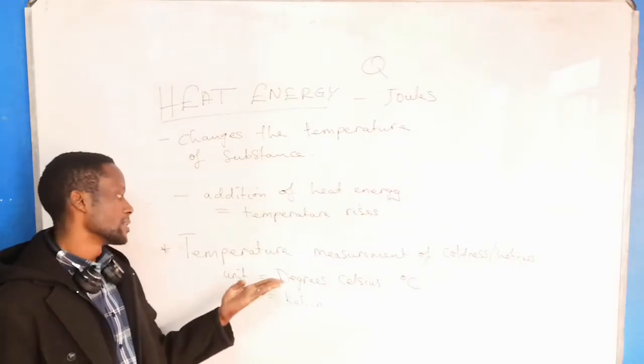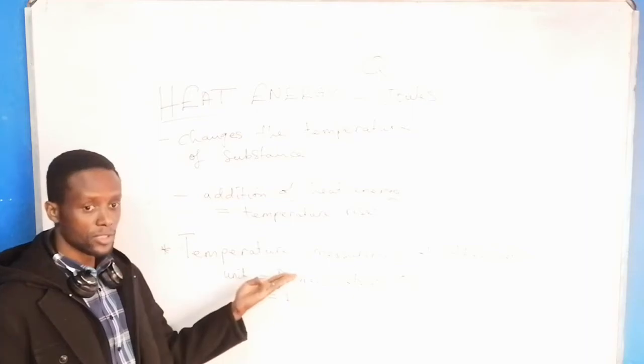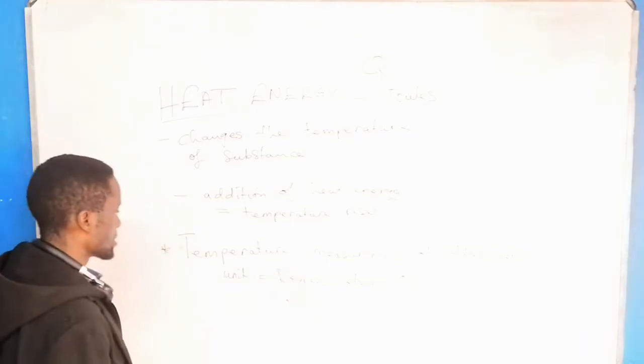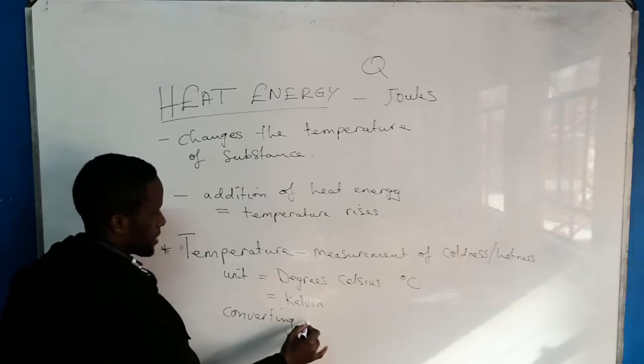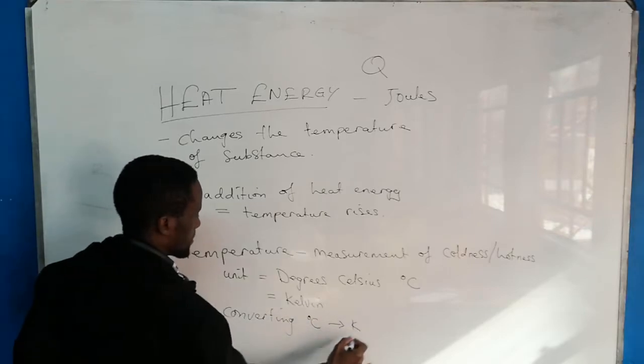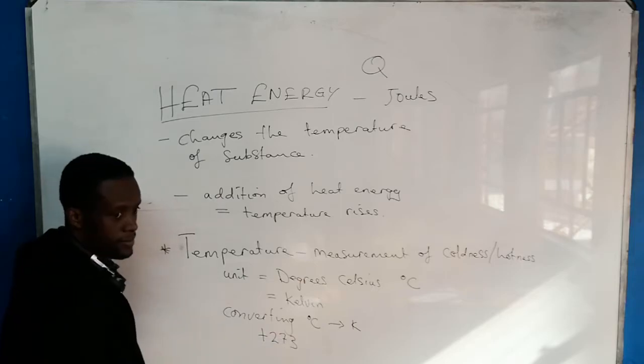Okay, for now, just know how to convert from degrees Celsius to Kelvin, and from Kelvin to degrees Celsius, and that one is easy. Converting degrees to Kelvin, you just add 273.